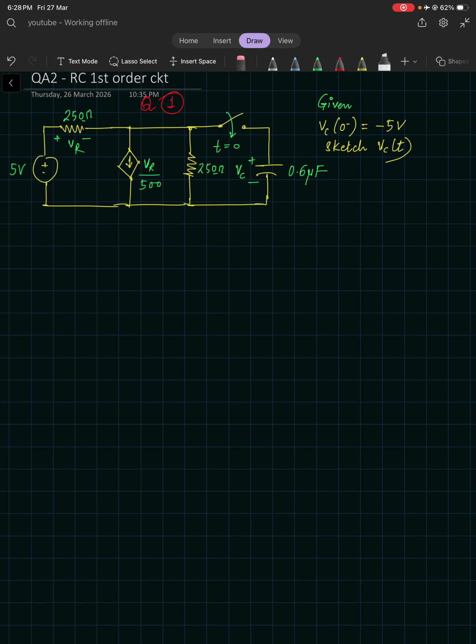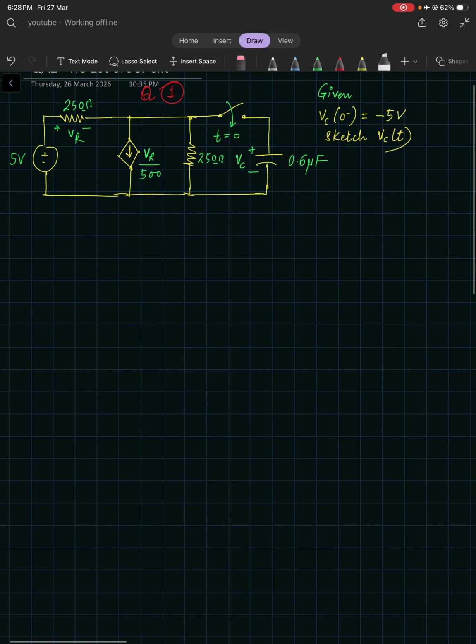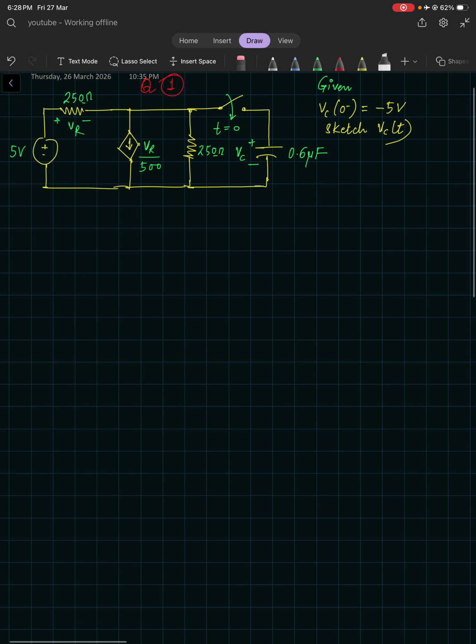In this question we will not take a very long approach of solving differential or integral equations. As we have seen in the previous lecture, we will just look at those three things: the initial condition, the steady state, and the time constant. Because this is a first order circuit with only a single capacitor, these three values will give us the complete solution, meaning the value of VC.